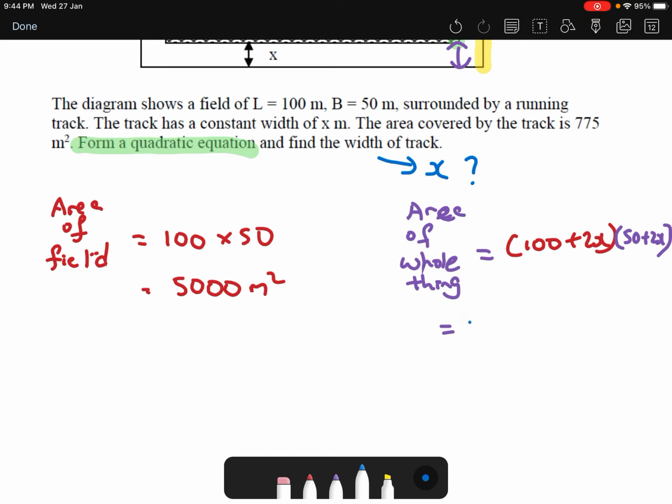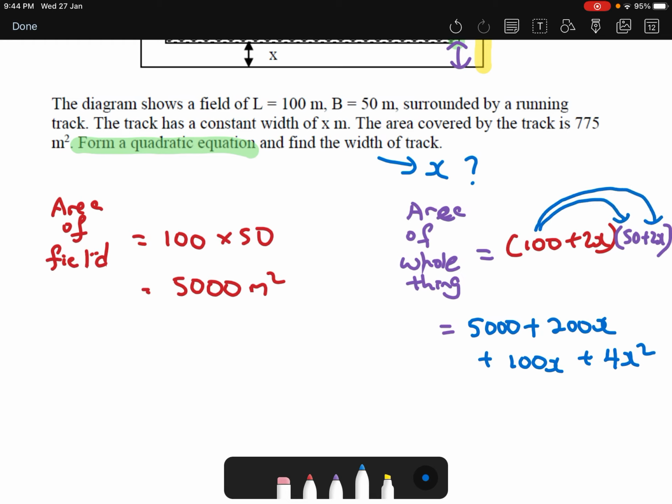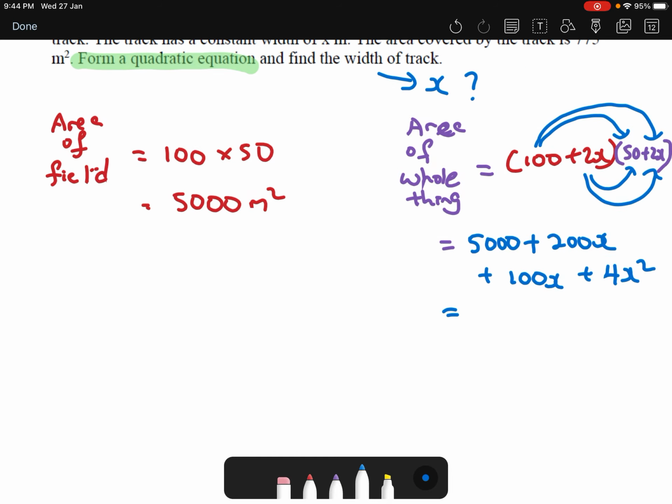It should give us 5,000 plus 200x plus 100x plus 4x squared. Remember our rainbow method, which we learned last week. Now let's simplify: 4x squared plus 300x plus 5,000. This is the equation for the area of the whole thing.